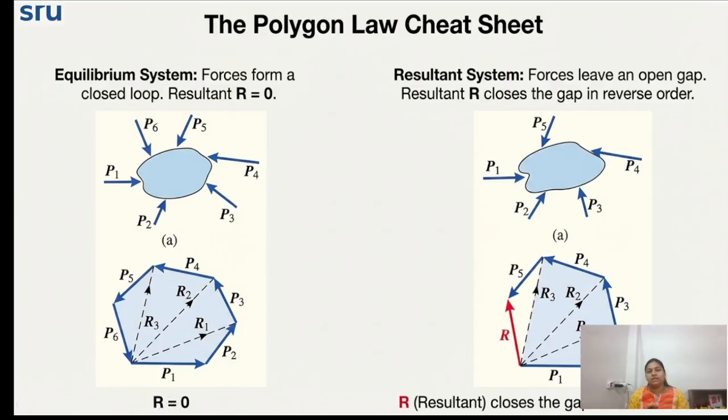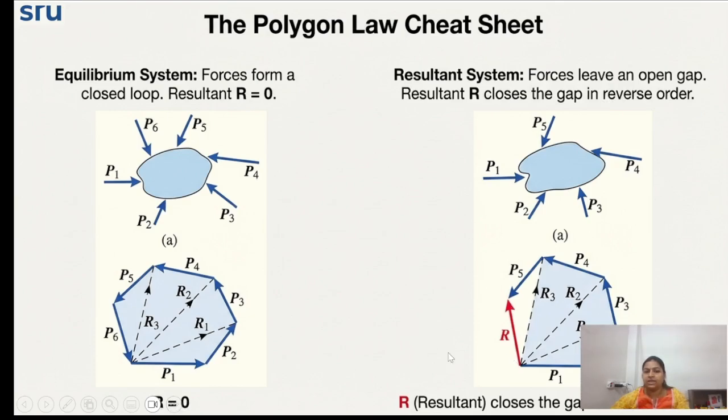So if we make a chart, the concept of the polygon law holds: the forces form a closed loop, and the resultant R is equal to 0. All the forces act in the same system, P1, P2, P3, P4, P5 and P6, completing a polygon, so the resultant will be 0. In the other case, the resultant force has a gap.